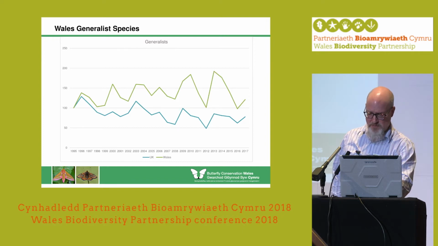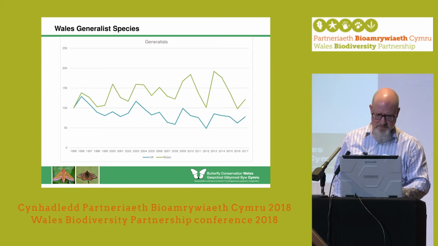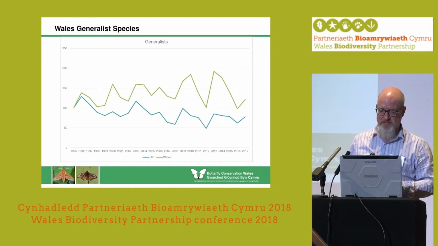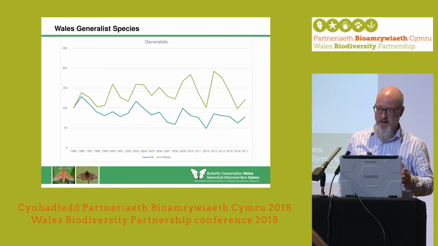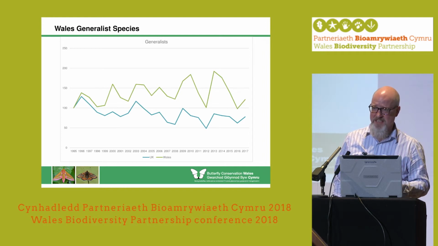There is a question over whether the actual data run is long enough for these sorts of index. But again, I just wanted to put it in the context of the UK as a whole. And again, it seems like in Wales you're more likely to see a generalist butterfly than in the UK as a whole.